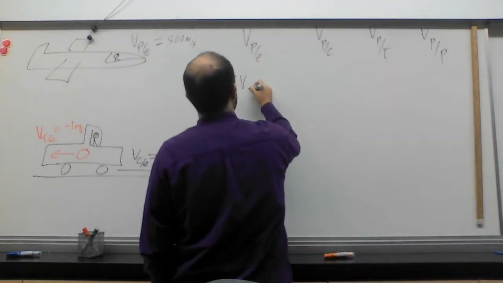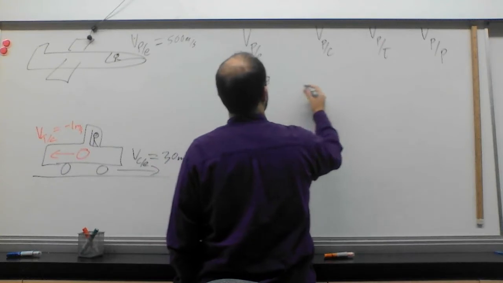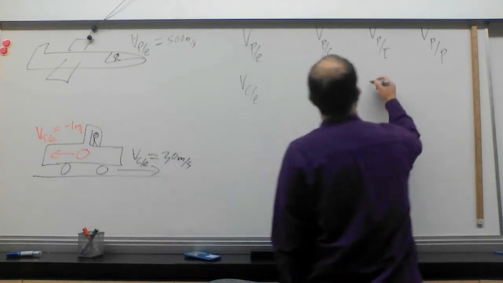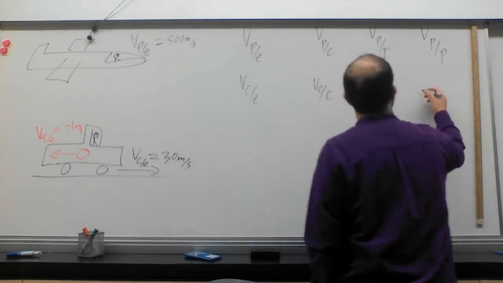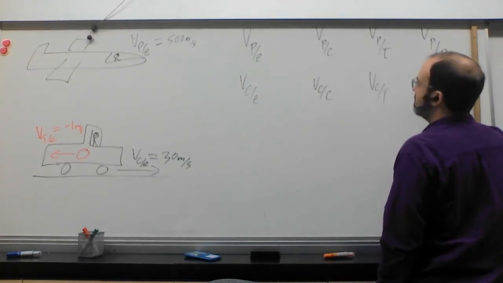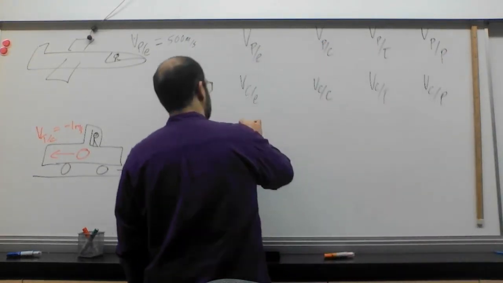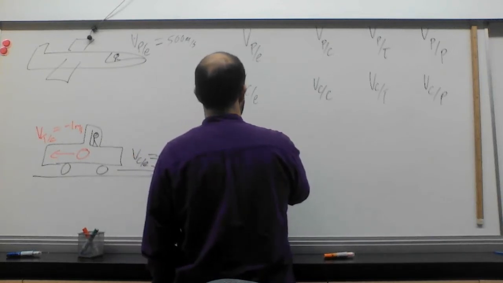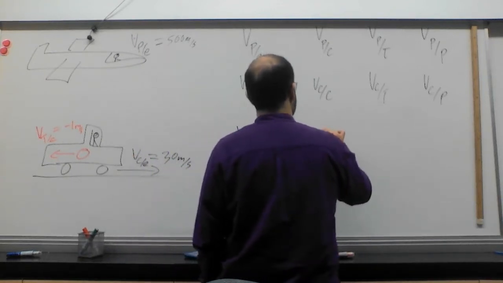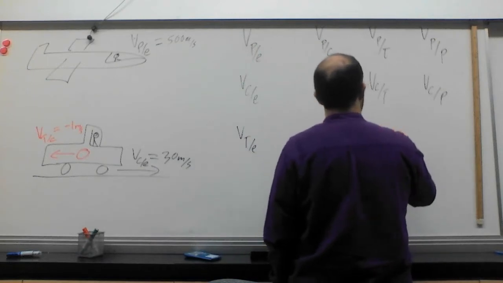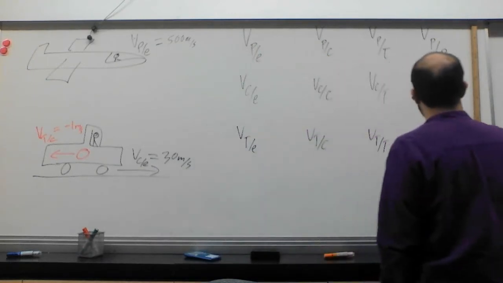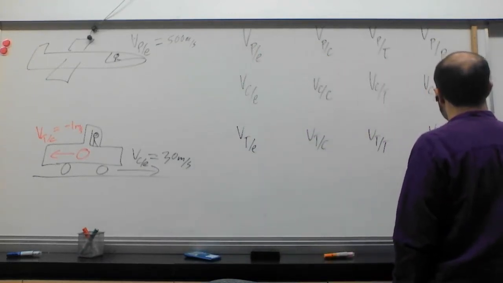There is the velocity of the car with respect to the Earth, the velocity of the car with respect to the car, the velocity of the car with respect to the trash, the velocity of the car with respect to the plane. I think you're starting to see the pattern here. The velocity of the trash with respect to the Earth, the velocity of the trash with respect to the car, the velocity of the trash with respect to the trash, the velocity of the trash with respect to the plane.